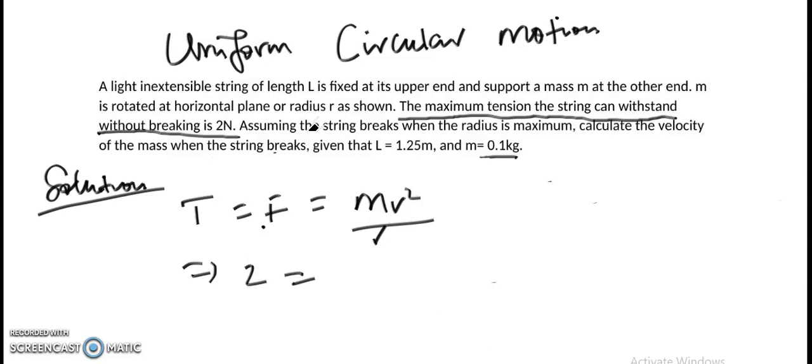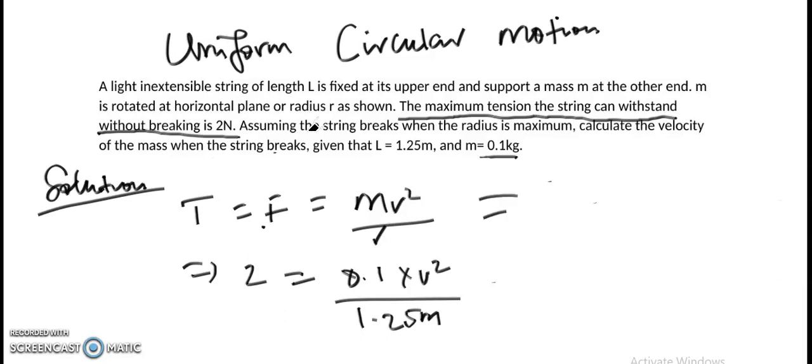We are looking for the velocity of the mass, so v is not given, but m, we know, is 0.1. So we simply have 0.1 multiplied by v squared, since v is not given, divided by the length, which is 1.25 meters. We are looking for the velocity of the mass when the string breaks.